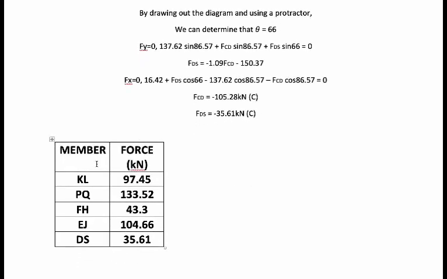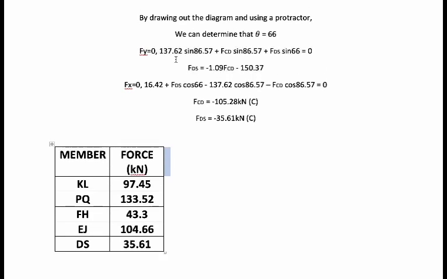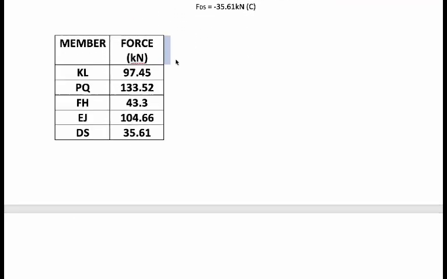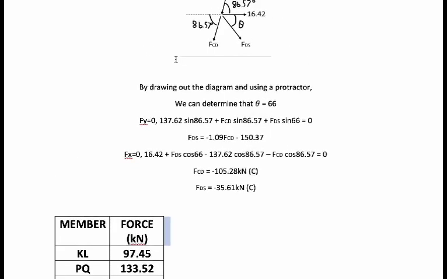And here the members, we got them here from all the points we did before, and this is all the answer.